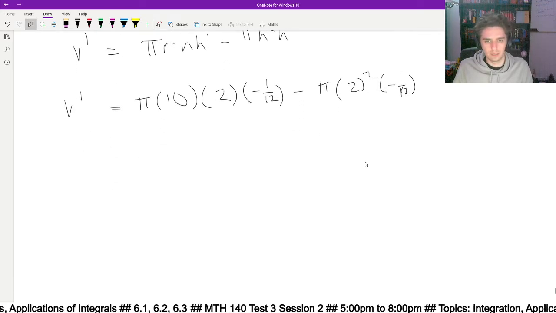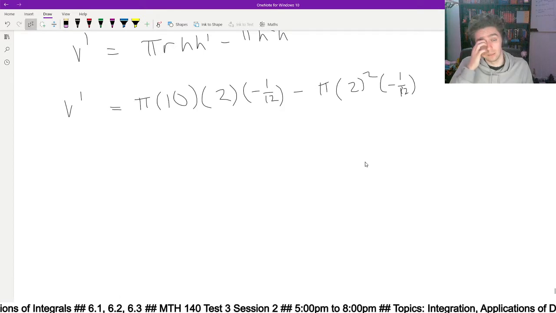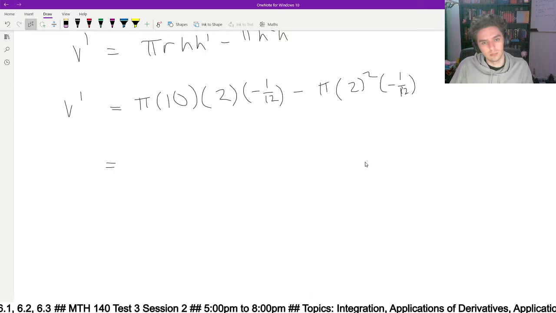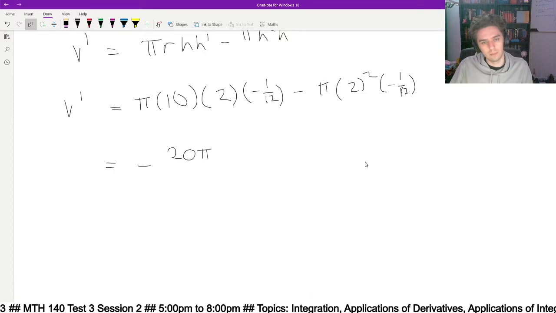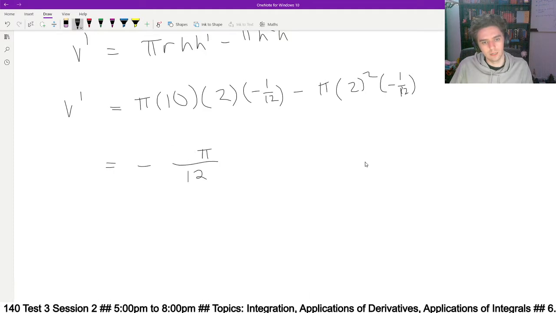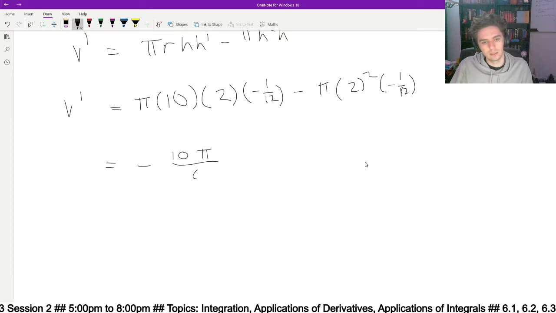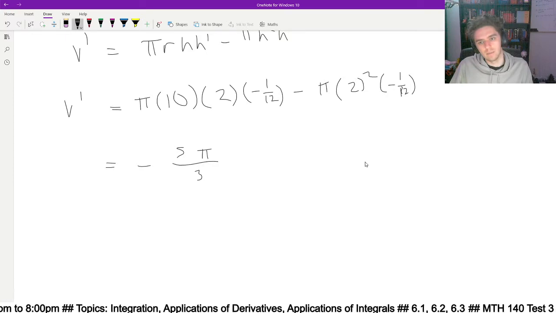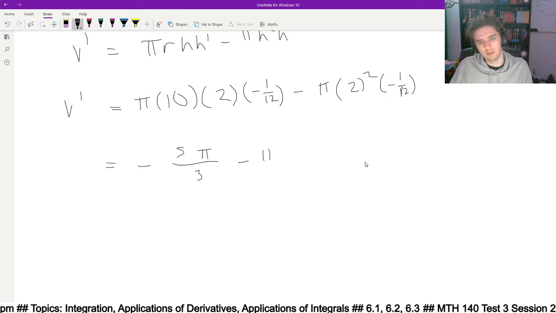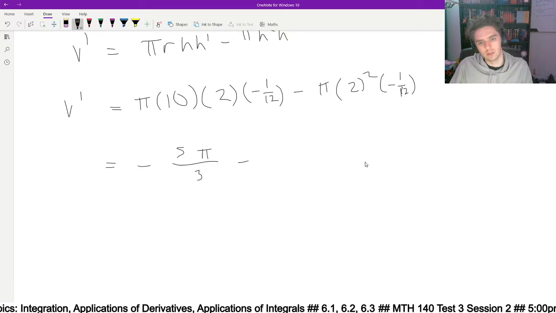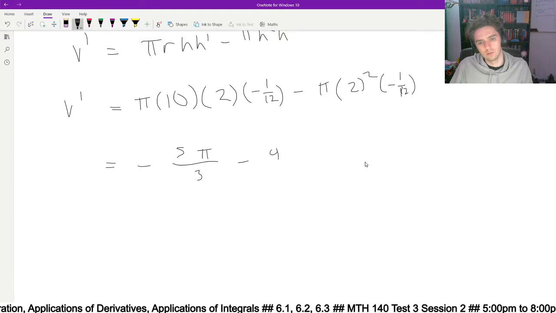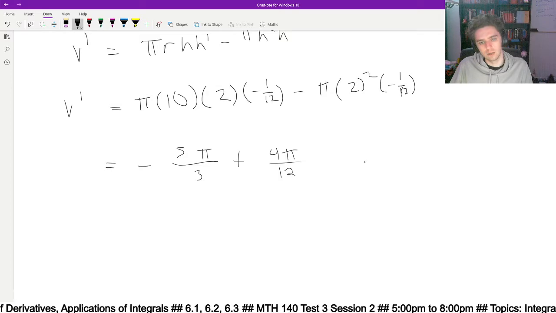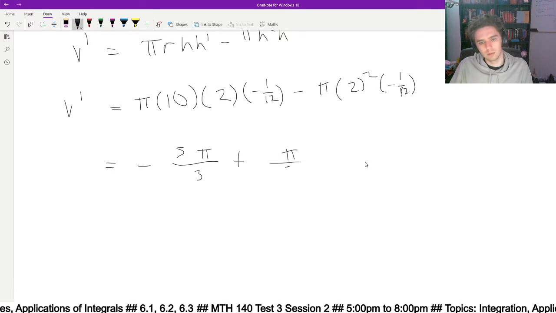V prime. So this is going to be negative 20 pi over 12, so negative 10 pi over 6, so negative 5 pi over 3. And then this is going to be negative 4 pi over 12, so actually positive 4 pi over 12, so pi over 3.